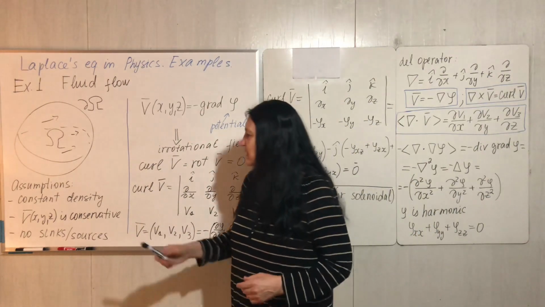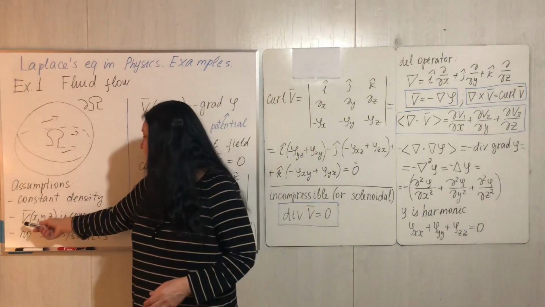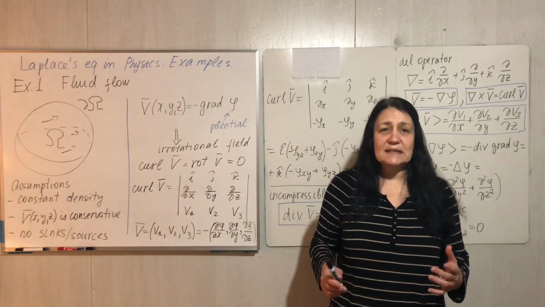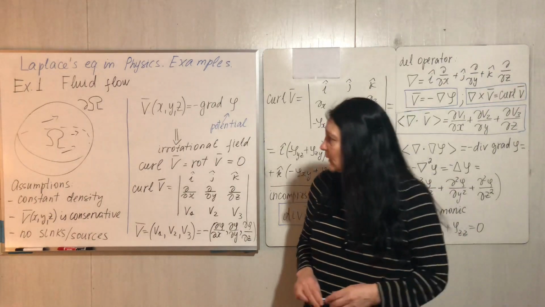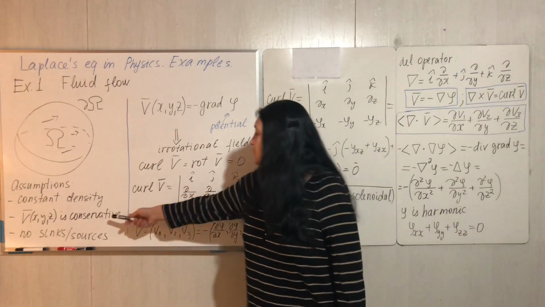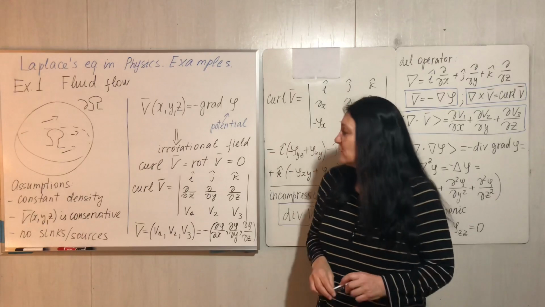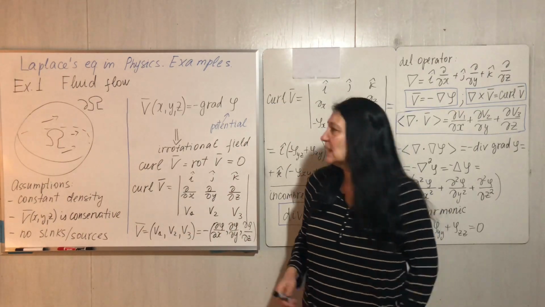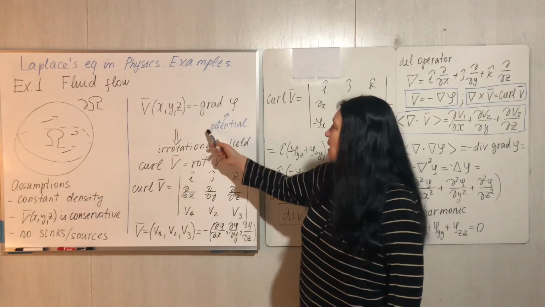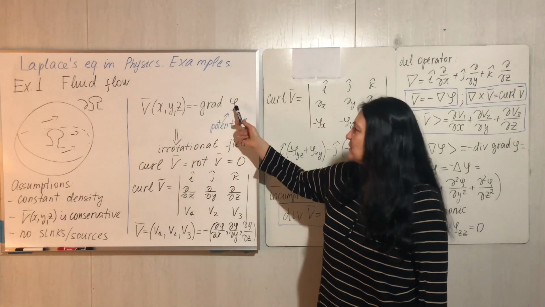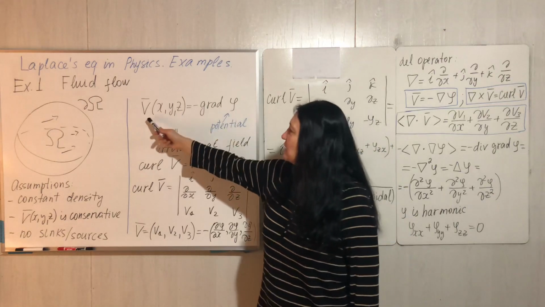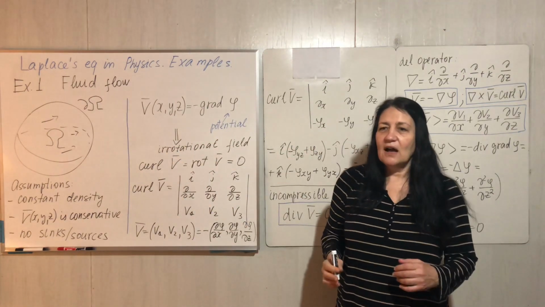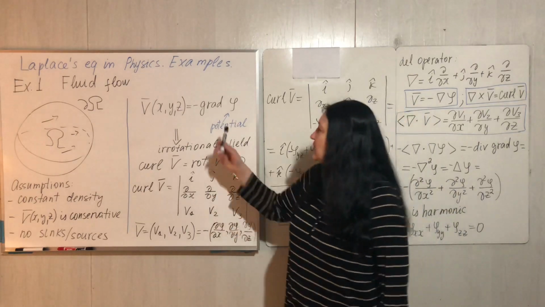Another assumption would be that our velocity field V is conservative and there are no sinks and sources. So conservative, if we transfer it to the language of mathematics, it means gradient field, and it means that there is a potential function, potential phi, such that our vector V is not just a vector, it's a vector that is the gradient of a certain function.